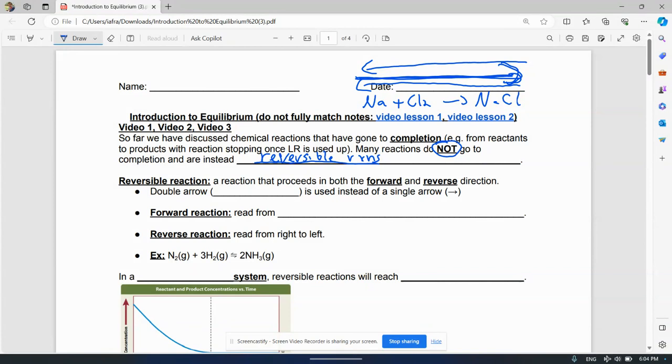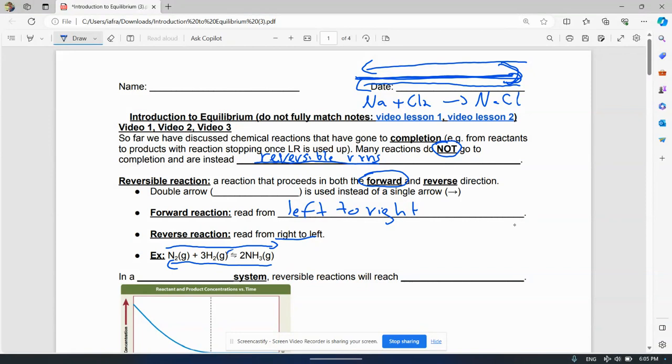So when we talk about reversible reactions, we say that there's a forward reaction, and the forward reaction is the one that goes left to right. So you read it from left to right. And then there's a reverse reaction. That's the one you read from right to left, so going this way.